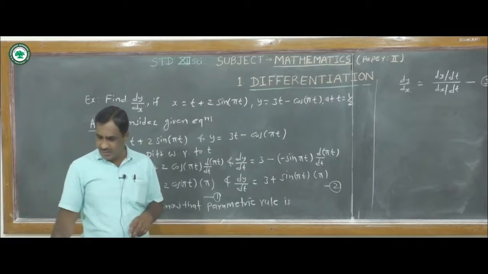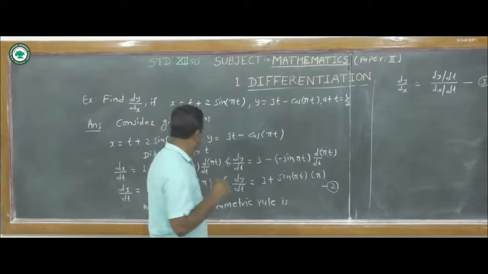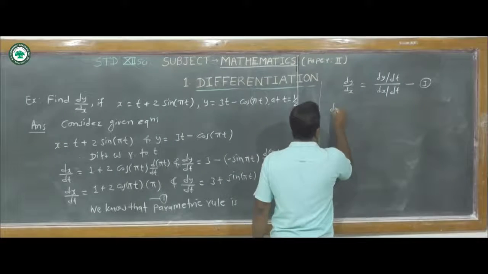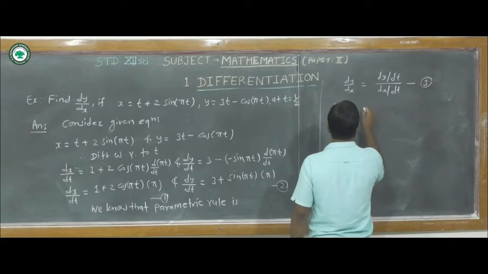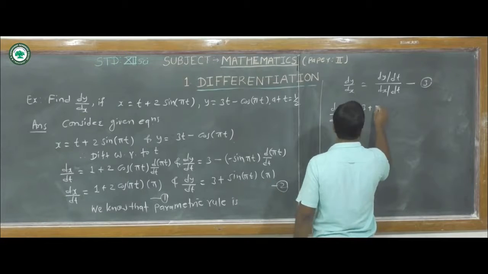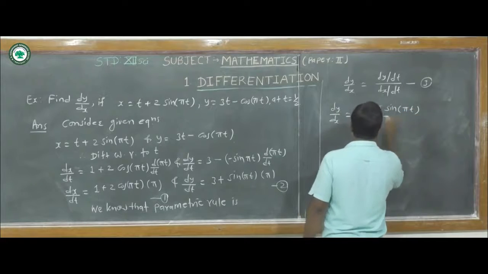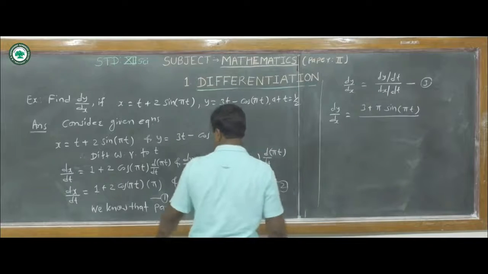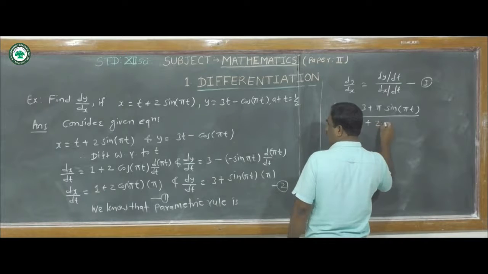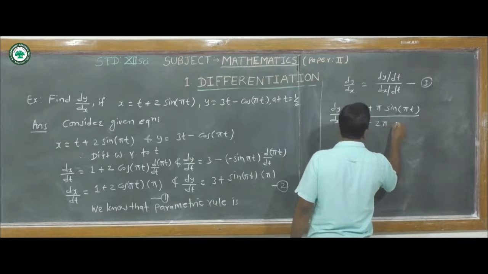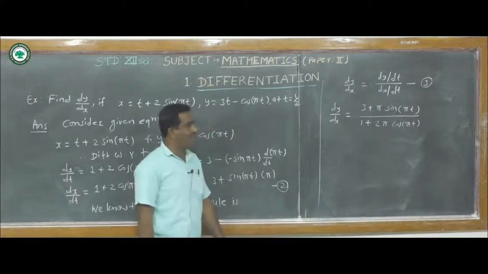Then equation 3 becomes dy by dx is equal to the value of dy by dt, which is 3 plus pi into sine of pi t, upon the value of dx by dt, which is 1 plus 2 into pi into cos of pi t. Now this is the value of dy by dx.